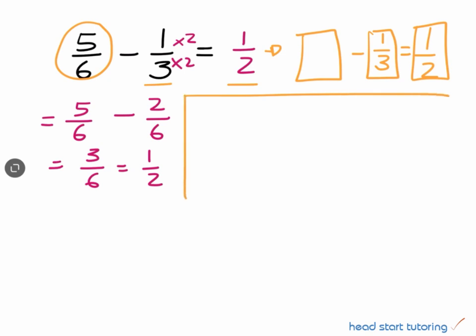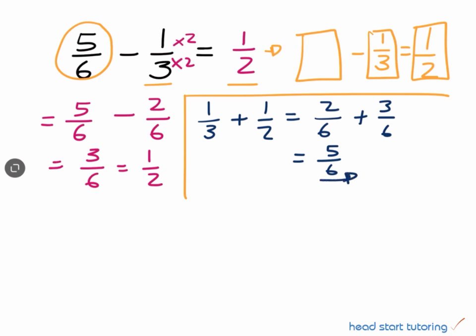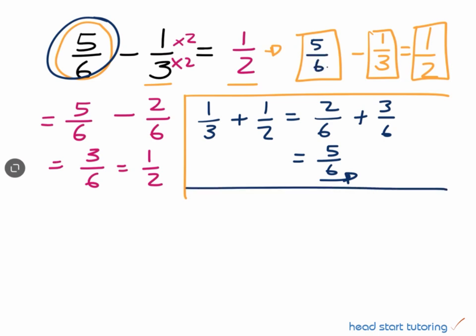So let's do that here. If we've got 1/3 plus 1/2, that will give us a common denominator of 6, 2/6 plus 3/6, and that gives us an answer of 5/6, which is exactly what we were hoping for. There it is. So there's your answer, 5/6.